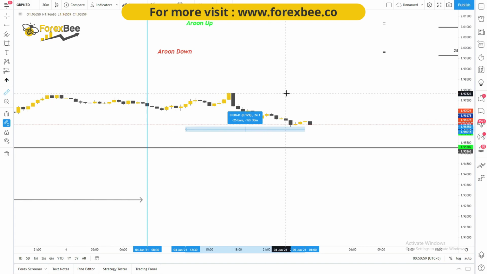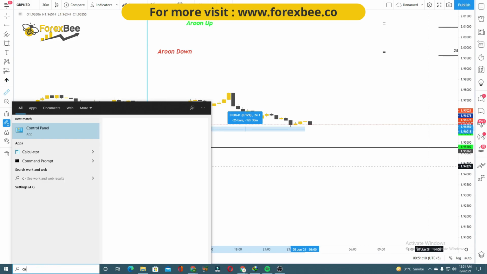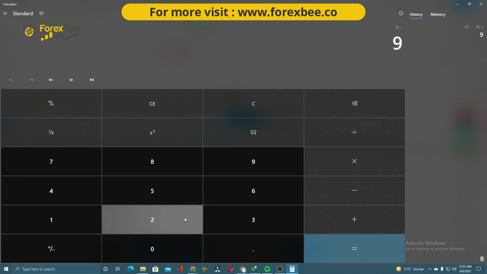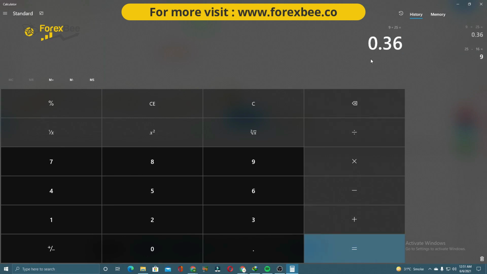Now we're just gonna put this number inside our formula and calculate the Aroon Up value. So let me pull up the calculator. Basically 25 minus 16, that comes out to be 9, divided by 25, that is 0.36, multiplied by 100.